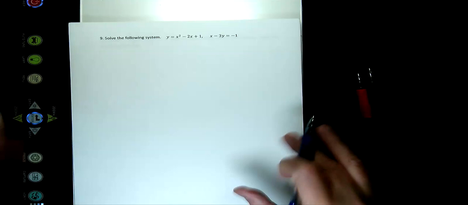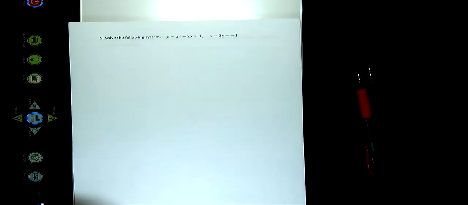All right, number 9, solve the following system. Y equals x squared minus 2x plus 1. X minus 3y equals -1.